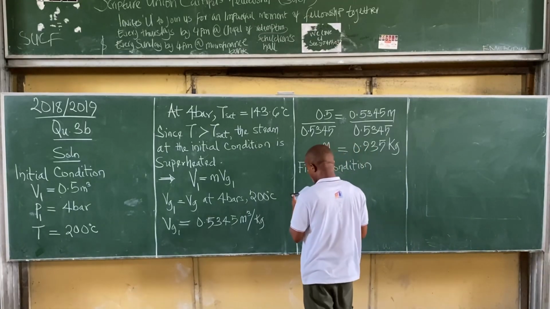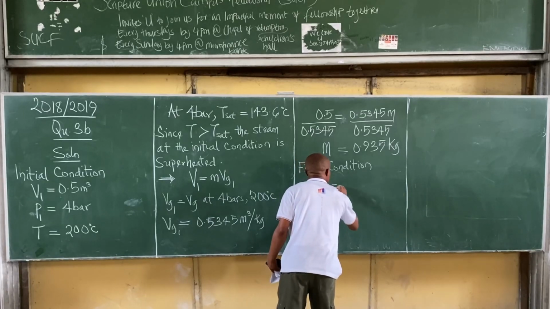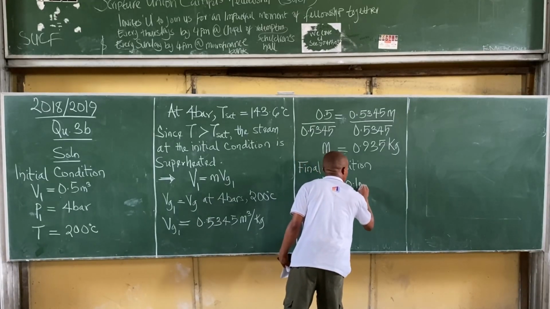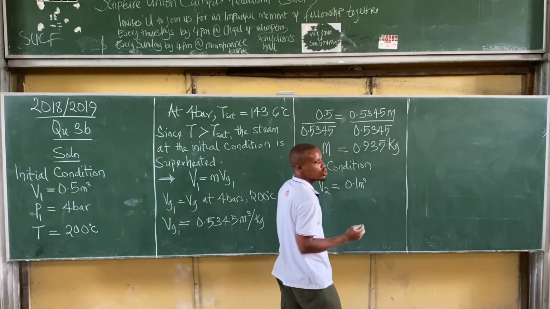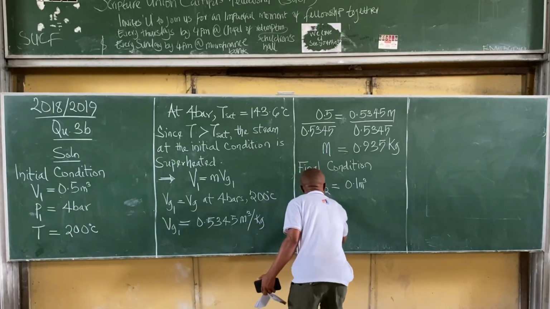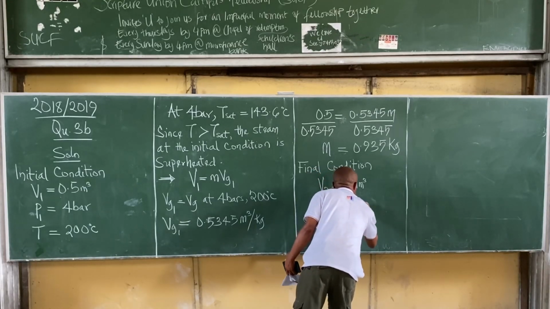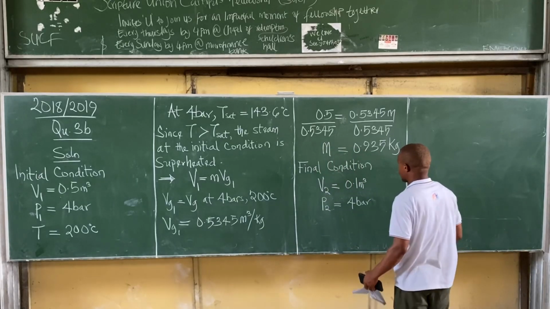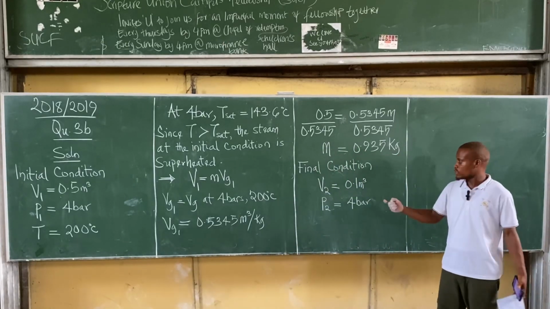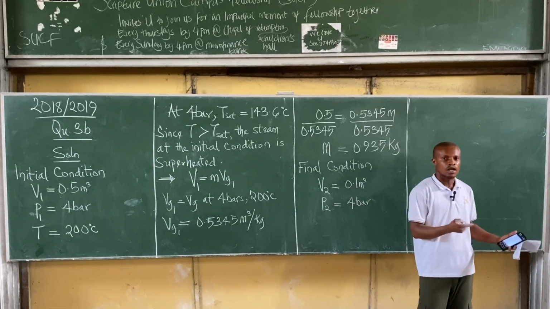For the final condition, we have that V2 is given as 0.1 meter cube. Since we have a constant pressure, we know that P2 remains constant, which is 4 bars. For this, we are still having a total volume.